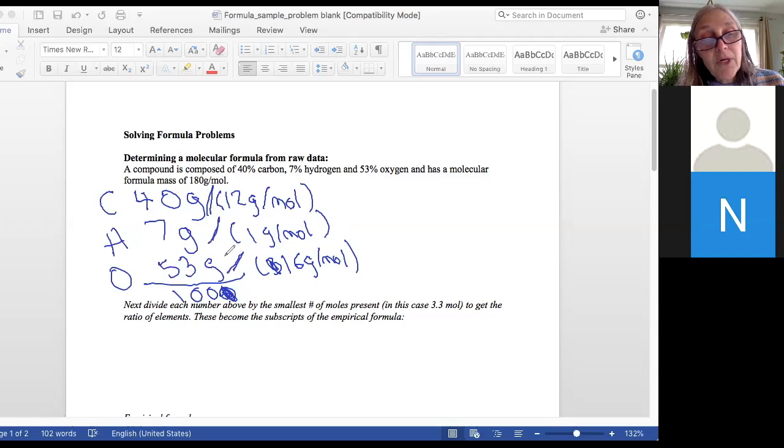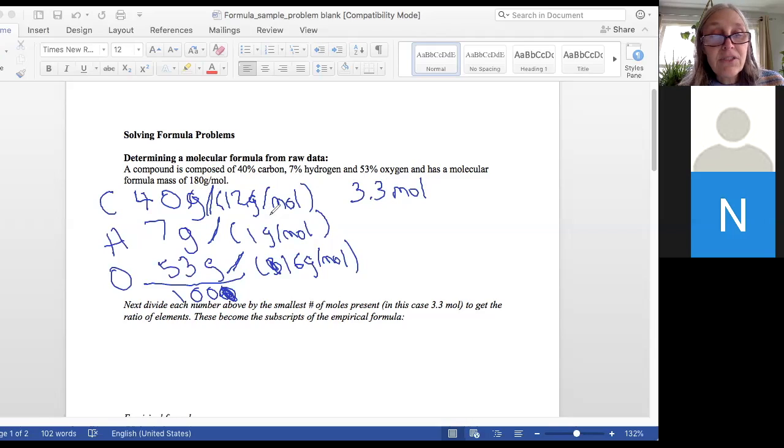I always write down my units. How do I know that I have to divide? For one thing, it's just the way this problem is solved, but more importantly, we have grams here, and if we divide by grams per mole, grams is going to cancel and moles is going to come out on top, and we want moles. So we know that's what we need to do. So that's 3.3 moles.